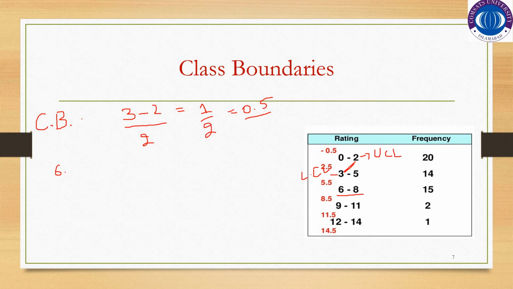We will subtract 0.5 from 6. That is equal to 5.5. And we will add 0.5 to the upper limit. So, we will have 8.5.